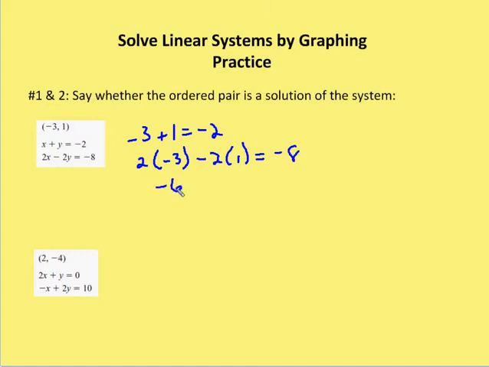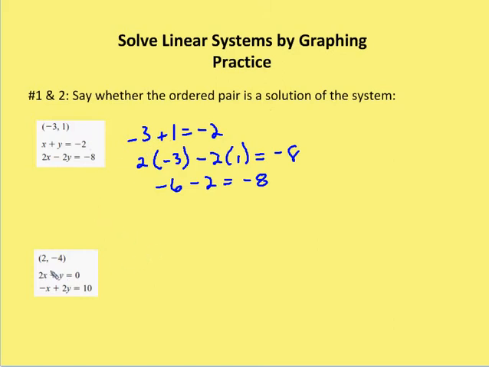So this is -6 minus 2, that's equal to -8. So -3, 1 is a solution of the system. Now there could be other solutions if these are two lines that are the same line, but at least we know that -3, 1 is a solution of the two equations.